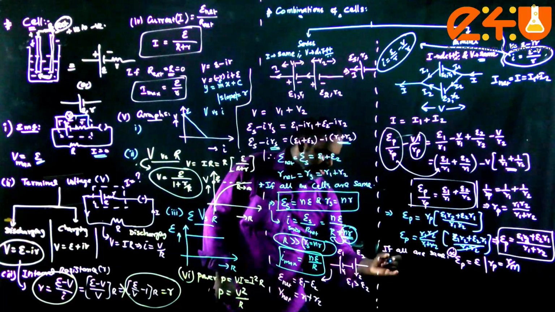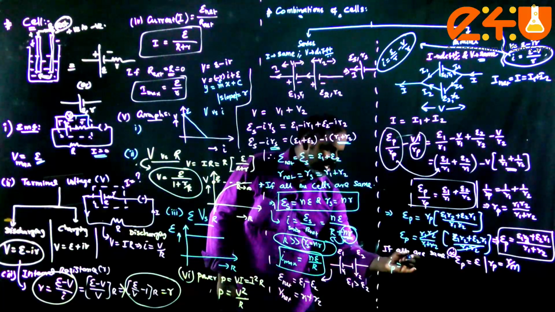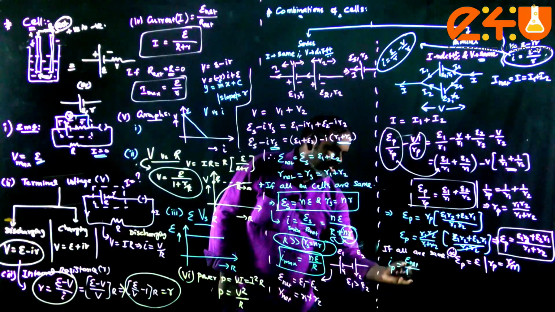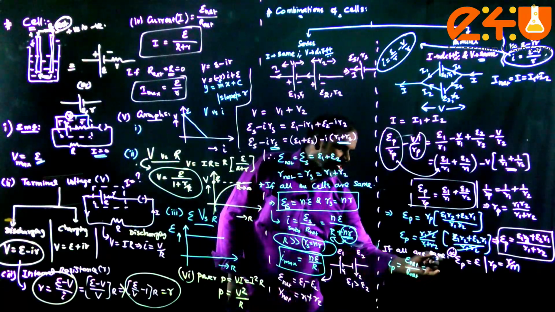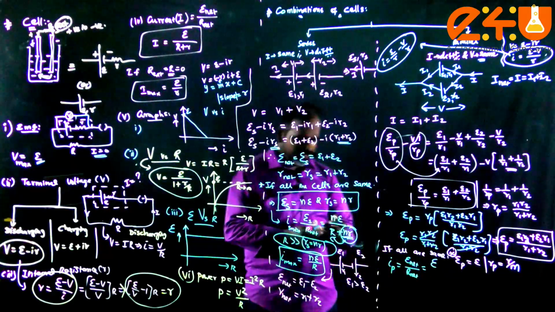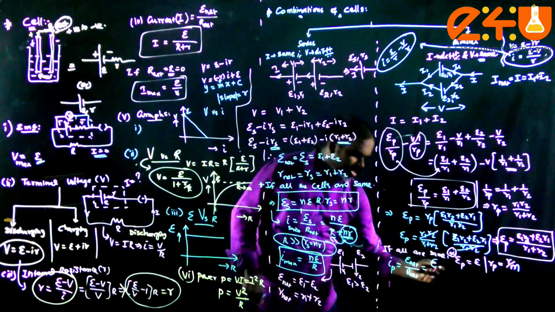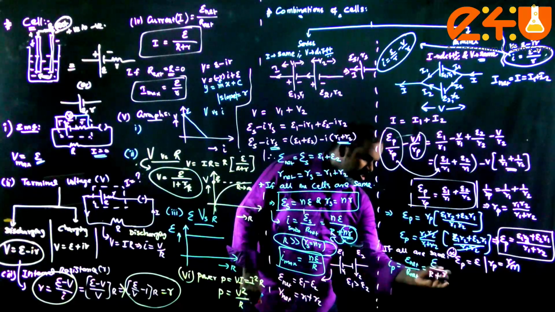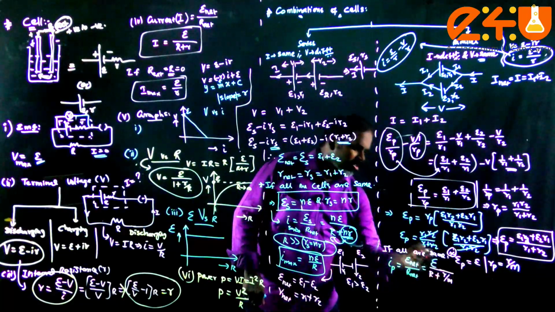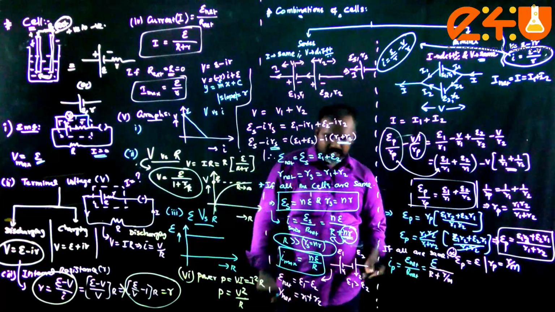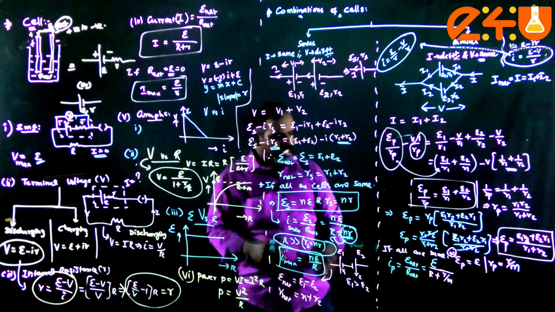As we said here, the current delivered IP is equal to E net by R net. E net is nothing but E itself, divided by R net, which is external plus internal resistance, that is the external resistance plus the internal resistance RP value. And again the same question: what is the condition for maximum current?